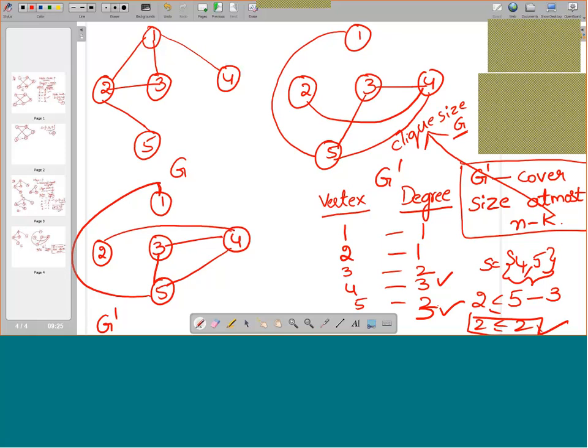If the theorem is satisfied, then also we can say that the problem is NP hard. So first we'll be taking a graph, and for that graph we'll be constructing G dash, and we'll be finding the node cover size, and we'll be checking whether node cover size is at most n minus k or not, where n is the number of vertices and k is the clique size for G. So for G, the clique size is 3. So 2 less than or equal to 2, the condition is satisfied.